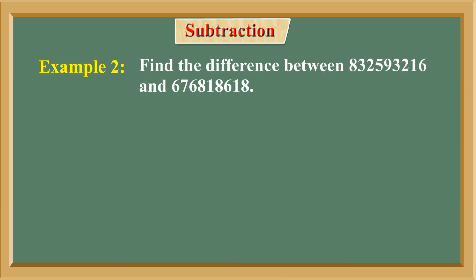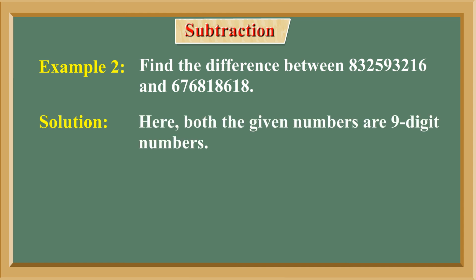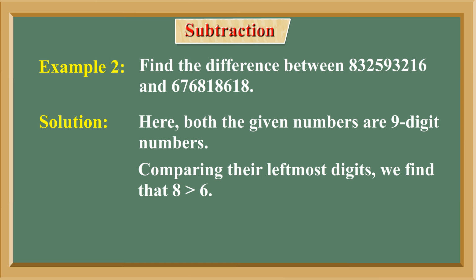Example 2. Find the difference between 83,25,93,216 and 67,68,18,618. Solution. Here, both the given numbers are 9-digit numbers. Comparing their leftmost digits, we find that 8 is greater than 6, since 83,25,93,216 is greater than 67,68,18,618.